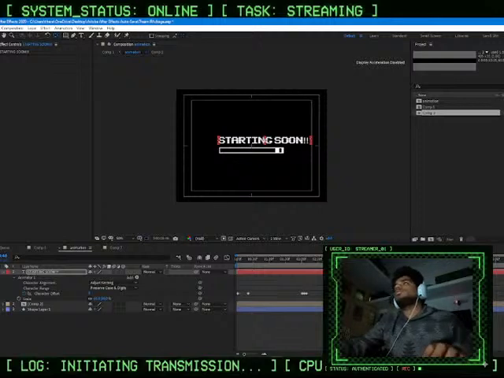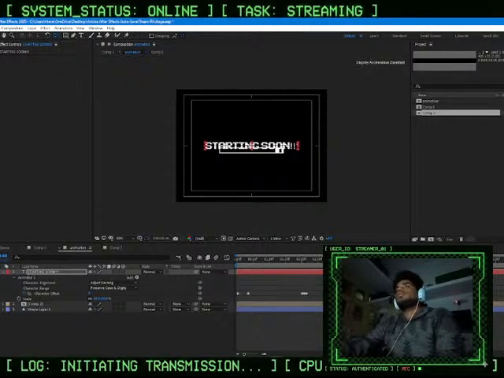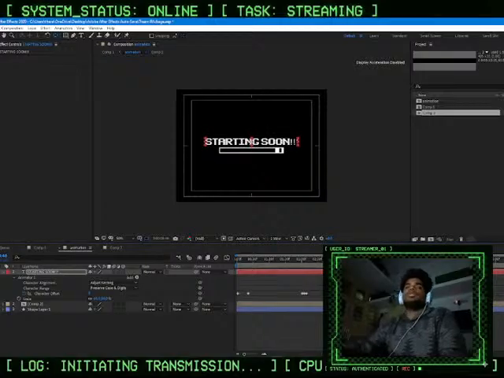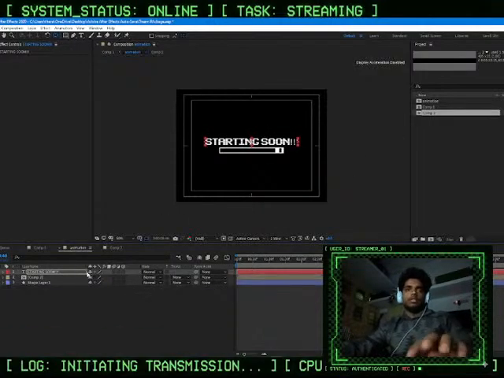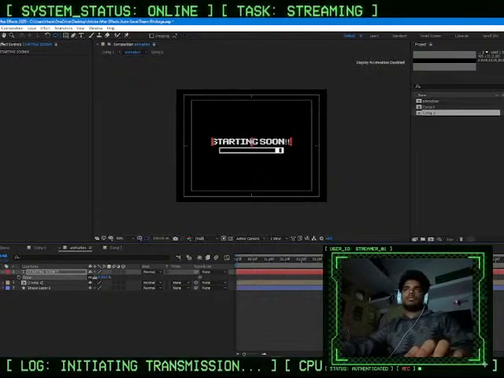Exactly, I see it. So now we go align this. We just push it back. Return. I'll go and play with the size and scale it.